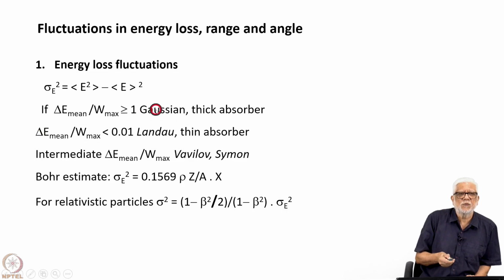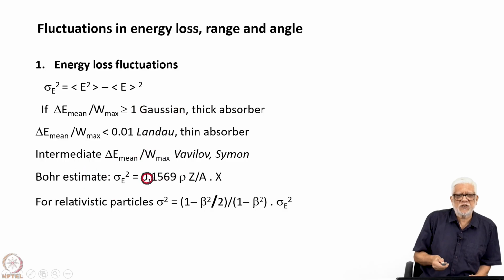You have a Gaussian distribution in the energy. If this is much less than about a percent, then this is called a thin absorber, and then the Landau formulation kicks in. And of course, Vavilov and Simon had a paper on this, where they bridge this gap between the thin and the thick absorbers.